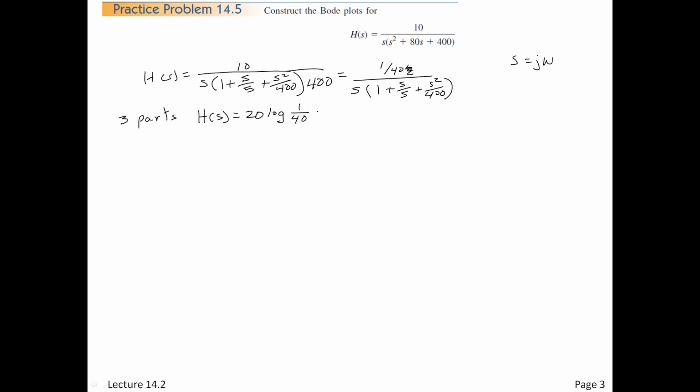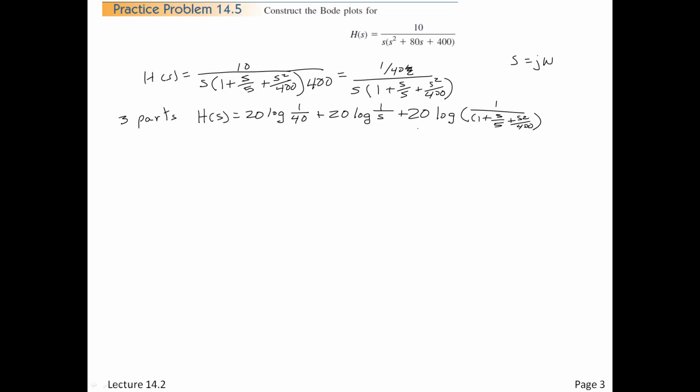All right. Plus the log, 20 times, I'm sorry, same thing, 20 times the log of 1 over S, plus 20 times the log of all this business, 1 over 1 plus S over 5 plus S squared over 400.